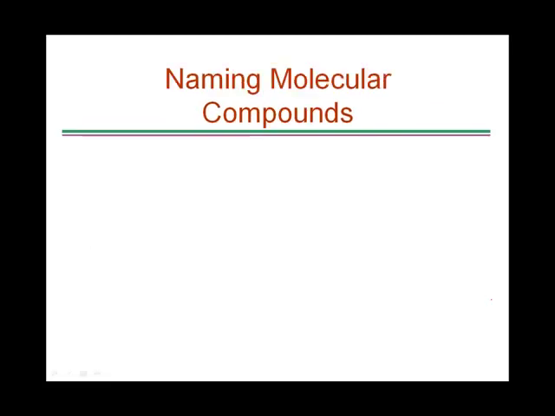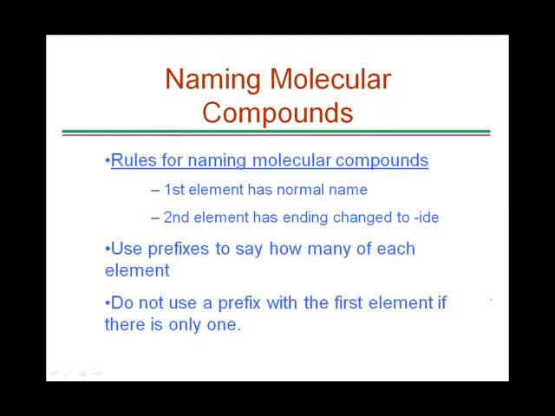Naming molecular compounds. Well, there's a set of rules. The first rule in naming molecular compounds is the first element has a normal name, just like ionic compounds. The second element in the compound, you change the ending to "ide", just like in ionic compounds.